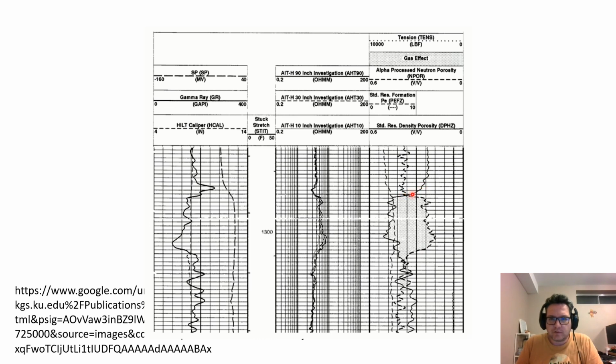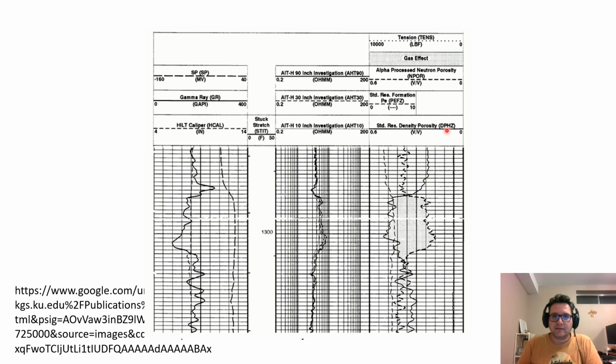In that other example, the density was in density, so it would give us a low reading.